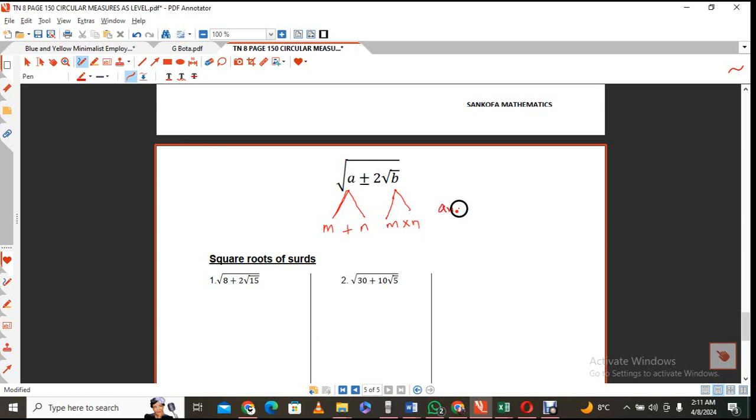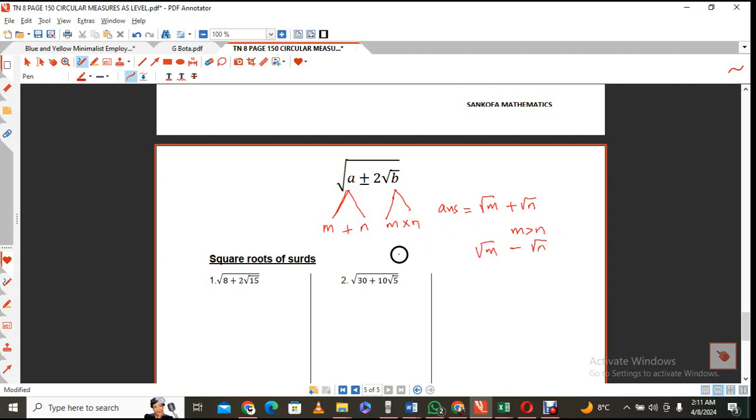So the answer would be the square root of m plus the square root of n. If, however, you have a minus in there and you get the square root of m minus the square root of n, then when finding 2 numbers whose sum gives you the value of a and whose product gives you that, m should be greater than n.